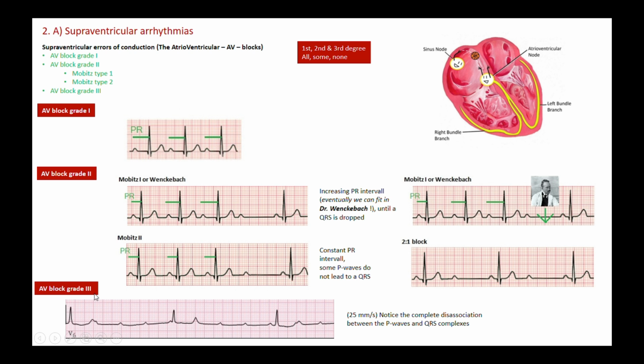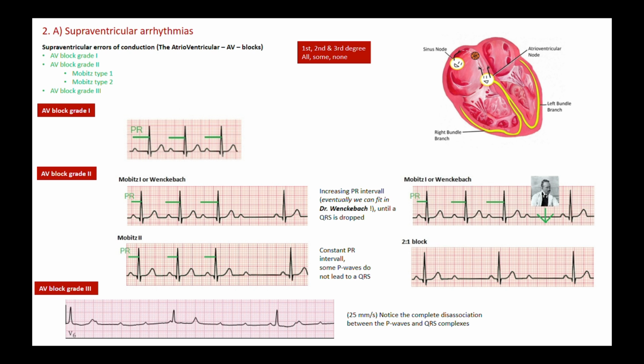Now, AV block grade 3 is a complete AV block. There is no association between what is going on in the ventricles and what is going on in the atria. So the ventricles will eventually start to pace themselves. The patient will have what we call, to some degree, a ventricular escape rhythm, or it could be a junctional escape rhythm.